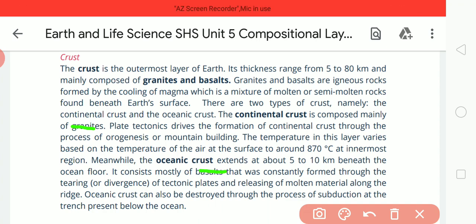So, from that gap, the molten rocks or molten materials coming from the mantle will be released along the ridges. So that gives way to the formation of oceanic crust. Oceanic crust can also be destroyed through the process of subduction at the trench below the ocean. So later on, we will discuss the meaning of subduction.